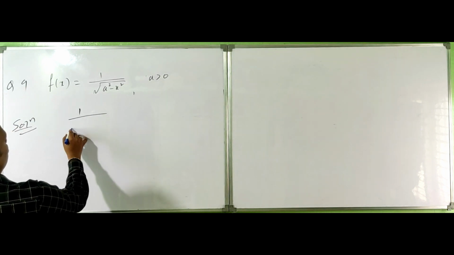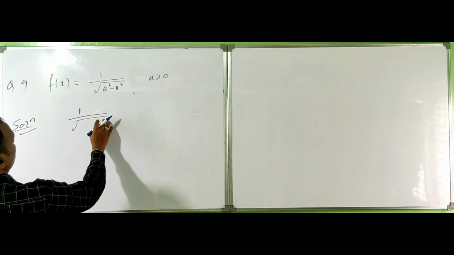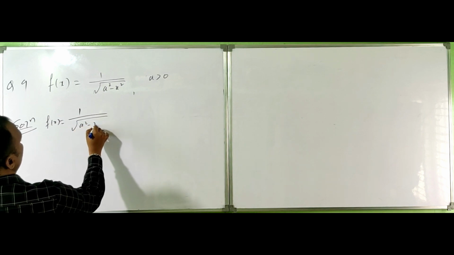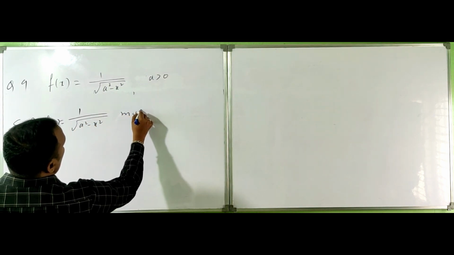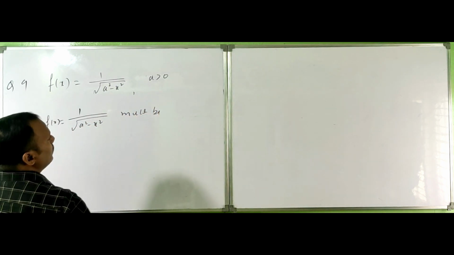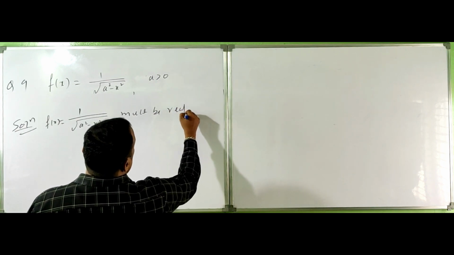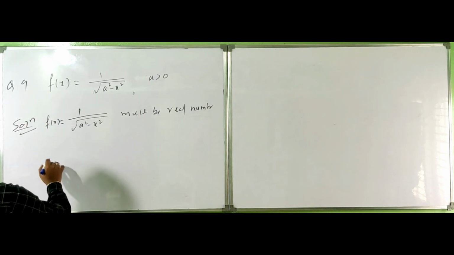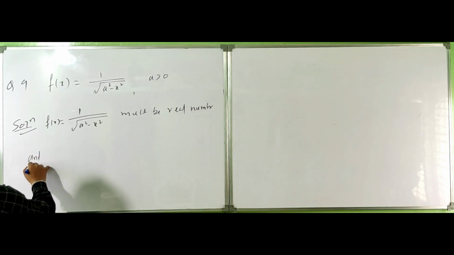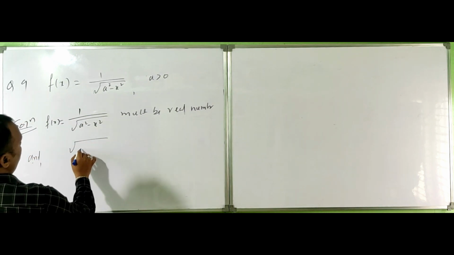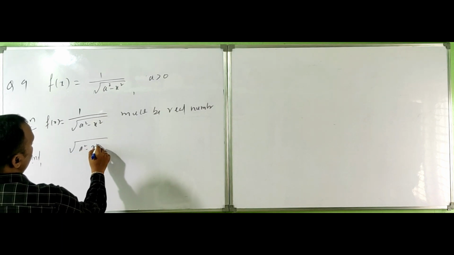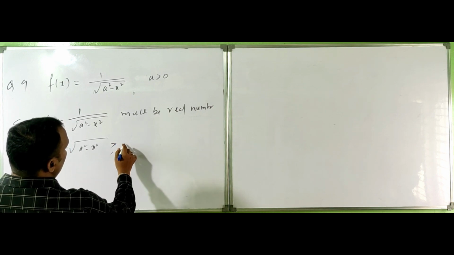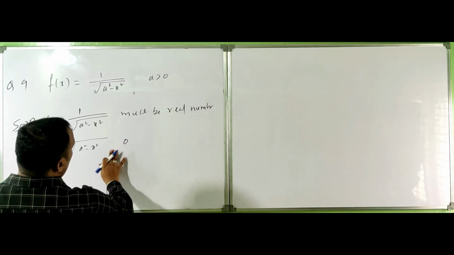f of x is equal to 1 by root of a square minus x square, which must be a real number. And root of a square minus x square must be greater than 0, not equal to 0.